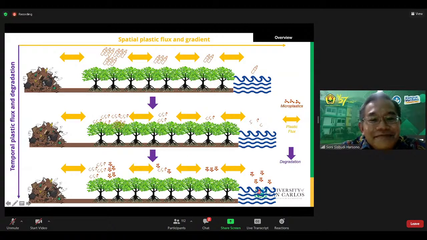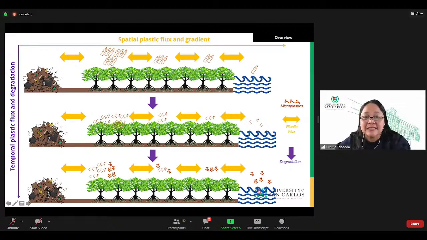The question is, what are the advantages and disadvantages of mass-based and count-based approaches for microplastic waste management? A very good question, Madam. The importance here is that if you only account for the number of plastics, it may be misleading, because you may count more numbers, but they are in small amounts.